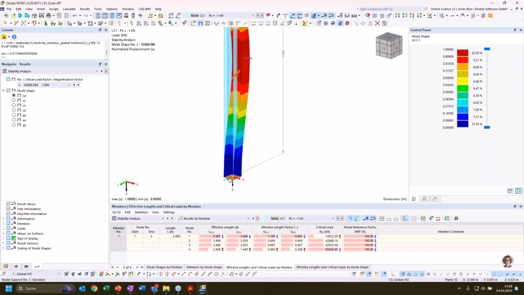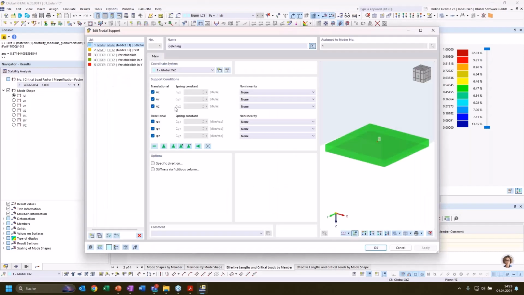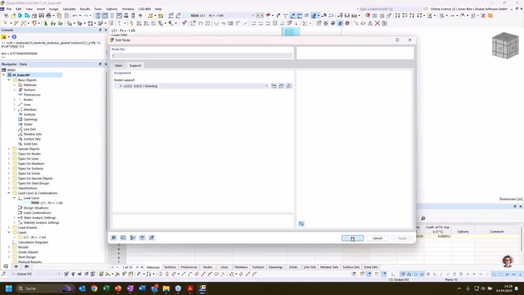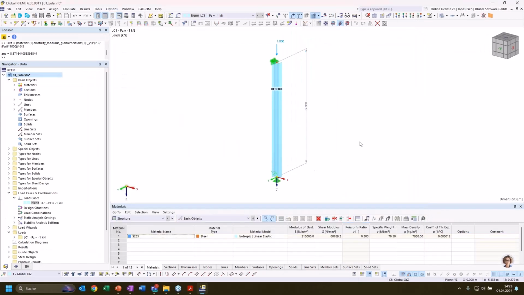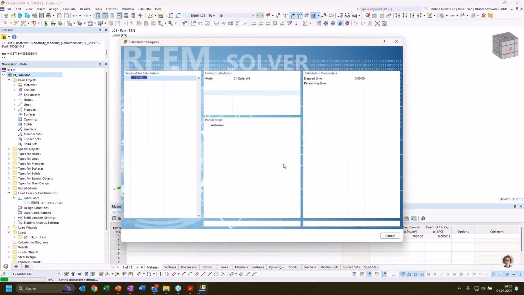Then we also need to consider that for these cases, why should I use my add-on here? Because these cases are known. I can just apply the Euler formula and calculate my buckling length. But what if we have a certain spring stiffness here, which means I'm with a stiffness somewhere between Euler case number 2 and Euler case number 3?